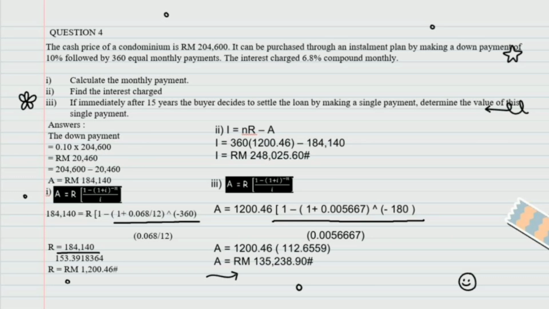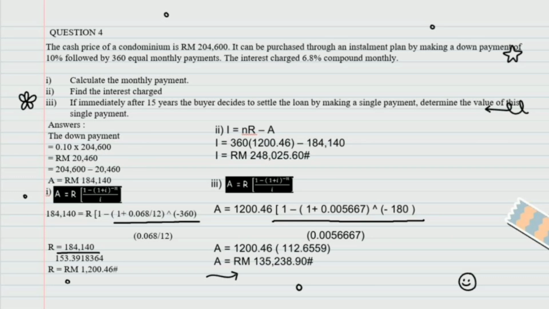Then R equals 184,140 divided by 153.3918364, and the final answer for R is RM1,200.46.